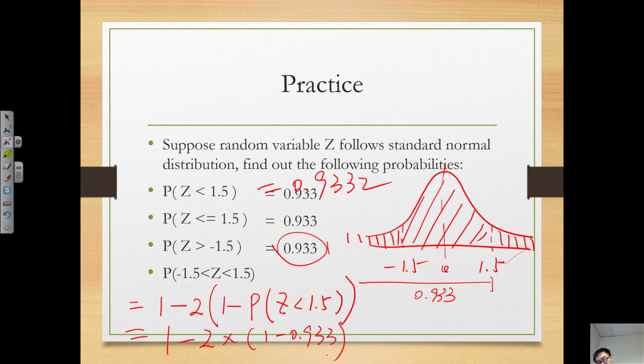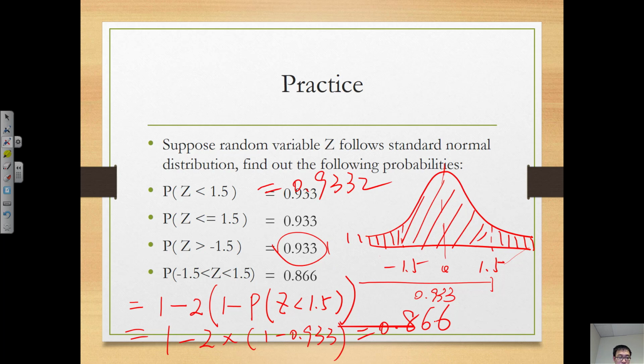And you can calculate by hand. So it's just 0.067, and multiplied by 2 is 0.134. You use 1 minus that, which is 0.866. Okay, so you got it.